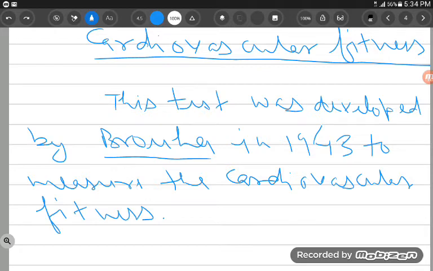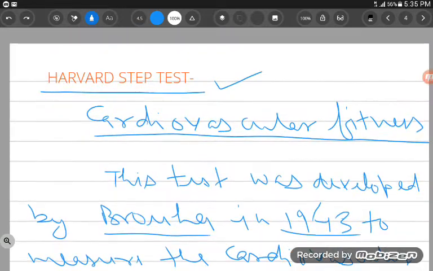In 1943, Brouha developed a test. That test is known as the Harvard step test.